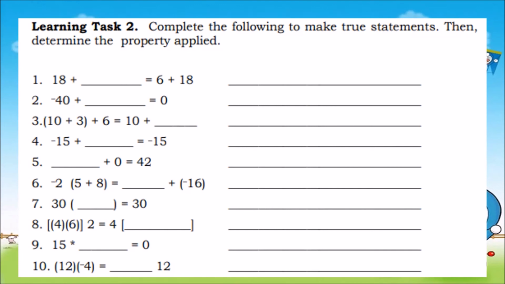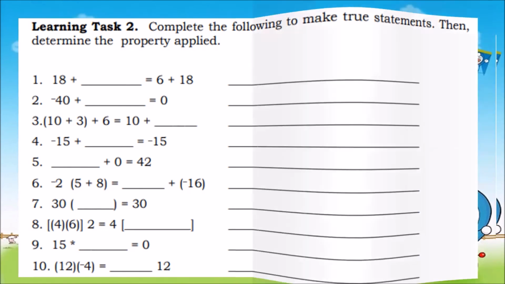Then identity property of multiplication or identity property of addition. Additive inverse ba yun? Property o multiplicative inverse property. Zero property of multiplication or distributive property of multiplication over addition, or that is identity property of addition or identity property of multiplication.